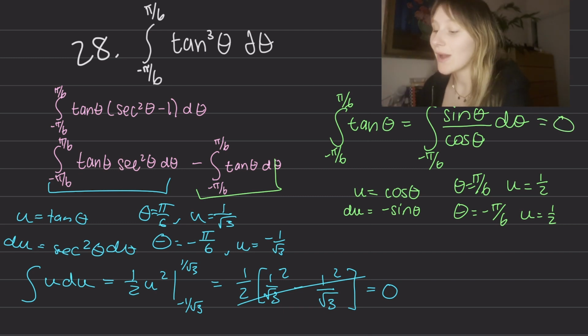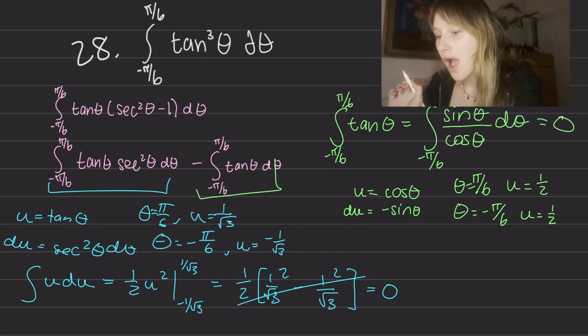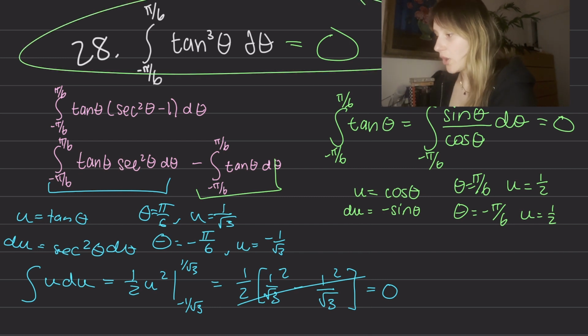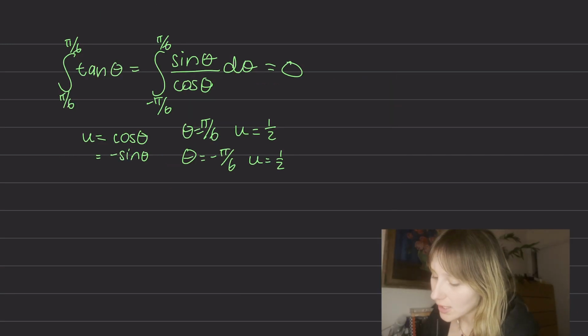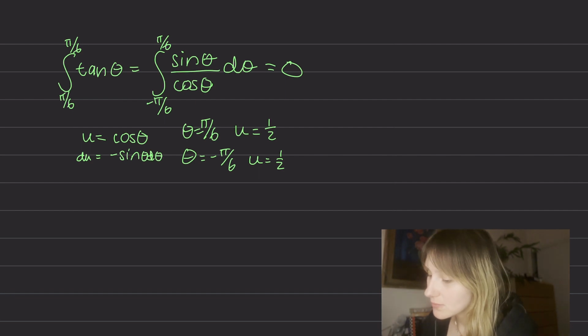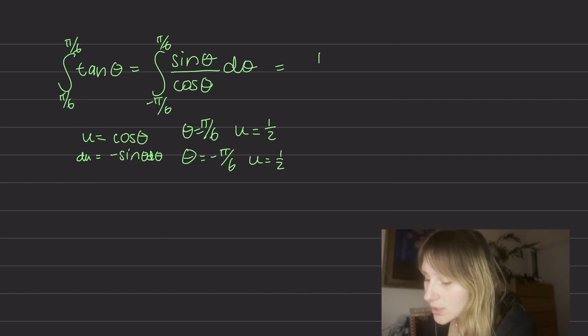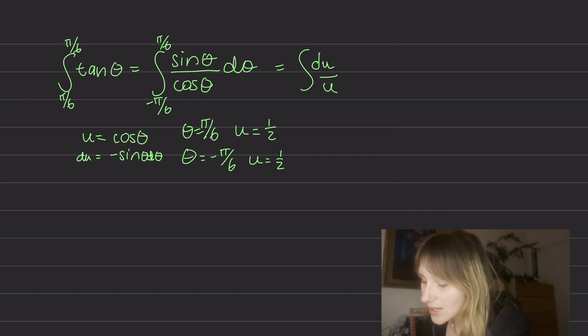I'm still going to show you how to finish the integral, just so you know. Before we do that, we just know that this integral is 0, right? So if we finish this up, we get this. Sorry, I just copied and pasted that. If we finish this up, I'm going to get du over u, and negative, right?